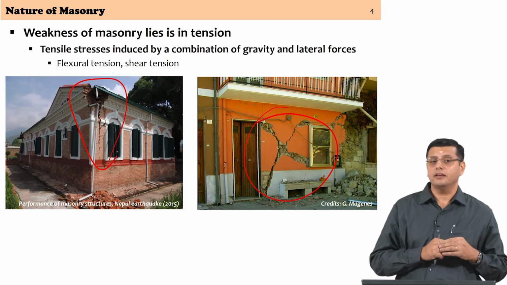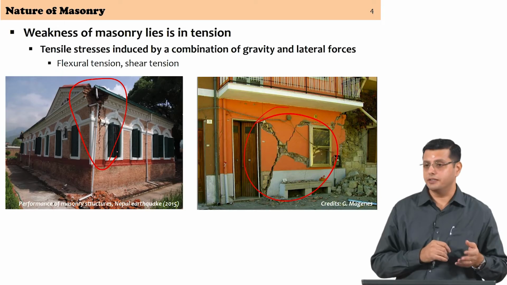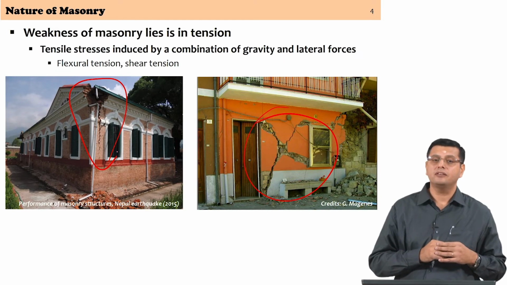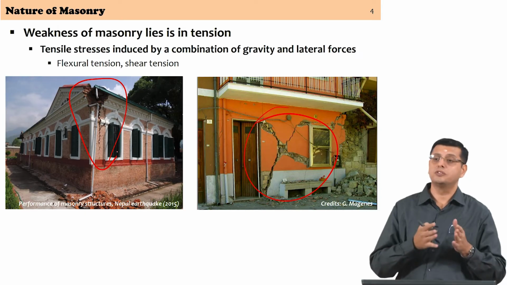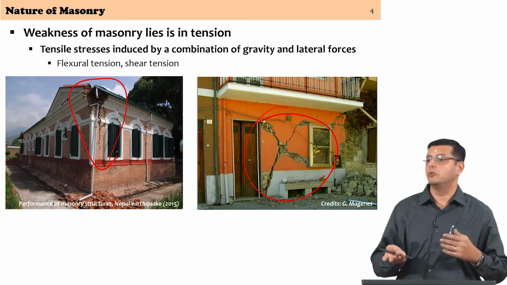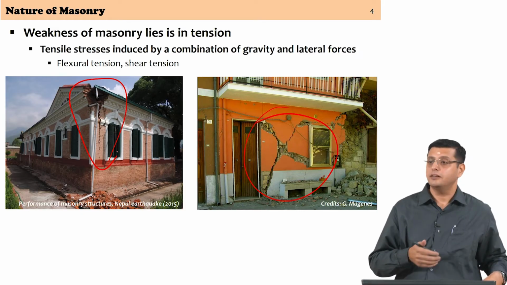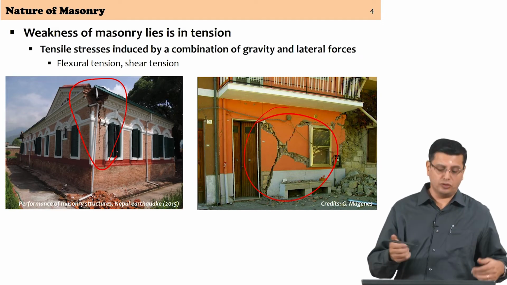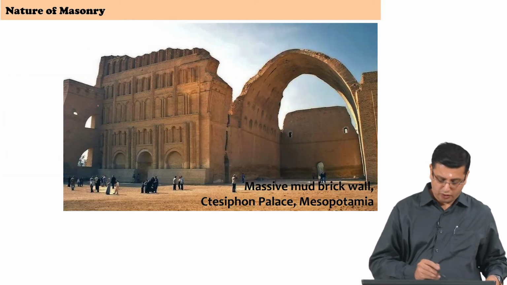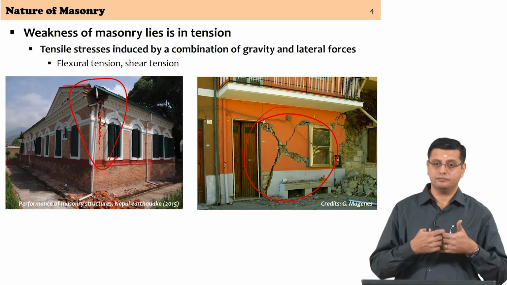However, in the absence of any such tying material in steel or in timber, you would have a very low resistance to separation between orthogonal walls, and that is exactly what you see here. The only resistance that is available against the separation of orthogonal walls is really what is referred to as the toothing between the two walls.